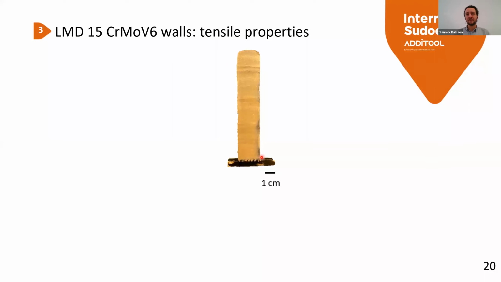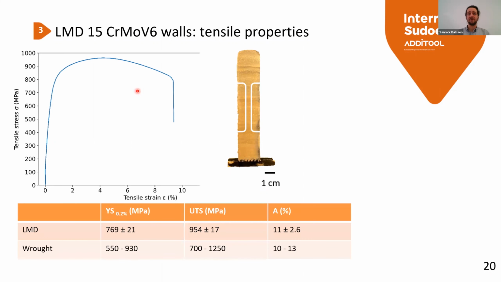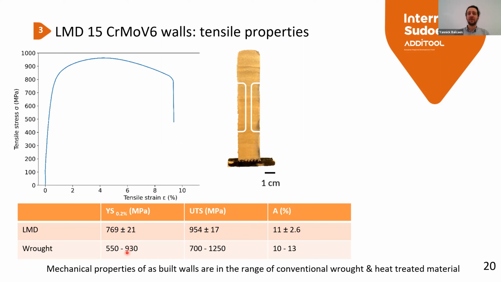We can also understand the mechanical properties of the deposit, just the deposit. Performing a tensile test, we can observe that we have good mechanical properties within the range that the wrought material can achieve. By hardness, we've determined that we have a homogeneous microstructure and mechanical properties, and then we can expect that we will have a homogeneous behavior.